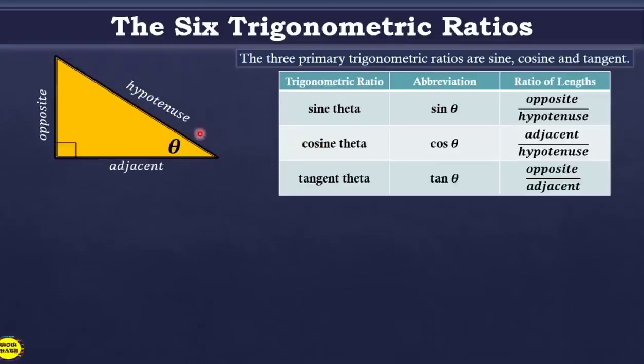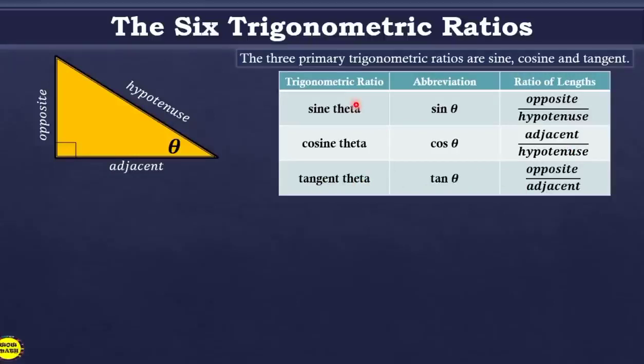So, for cosine, that is adjacent over hypotenuse. And for tangent theta, we have opposite over adjacent. Okay, so I will give you a tip later on how you are going to easily remember the given pattern. So for sine, opposite over hypotenuse, cosine, adjacent over hypotenuse, and for tangent, opposite over adjacent.